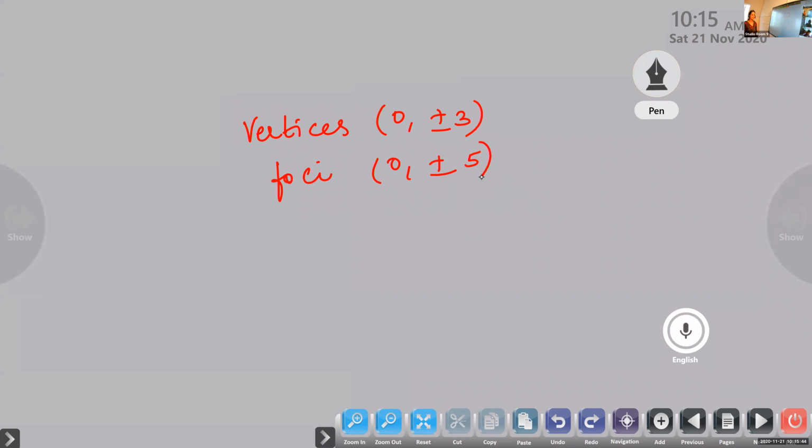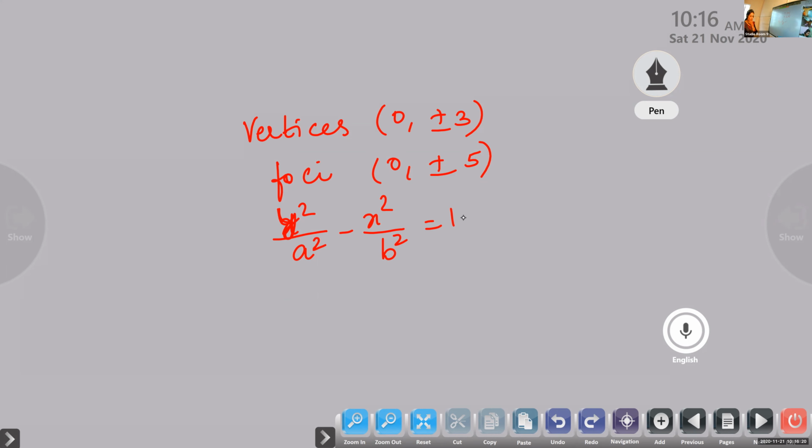So what is that? The foci and vertices lie on the y-axis, isn't it? So the equation is, sorry, not x, y square by a square minus x square by b square is equal to 1.